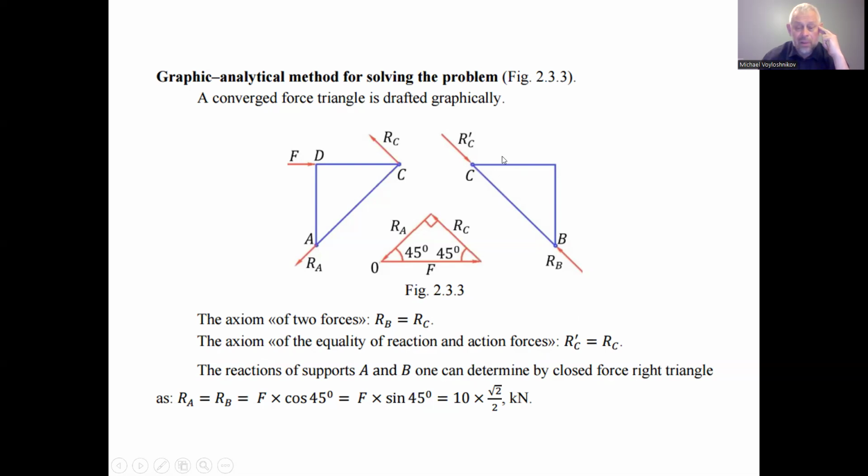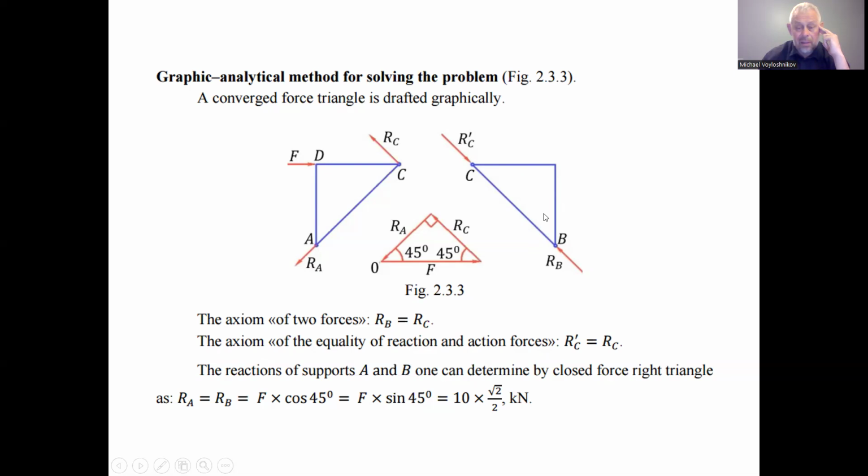So for the right half of the arch, we have the action of the force RC, for example, acting along the segment of this frame CB. And this force acts on the segment CB, but not on other segments of the half arch.